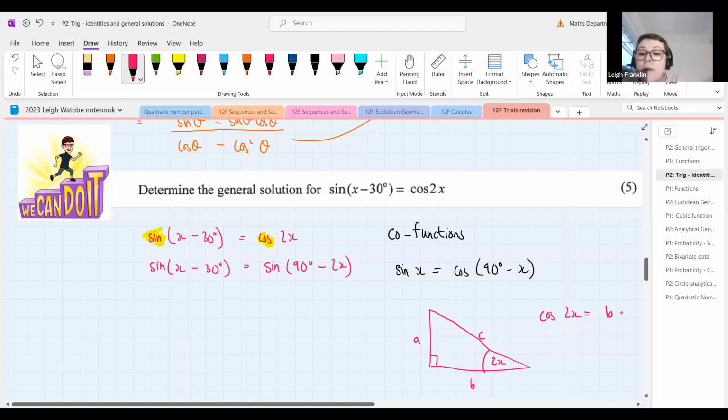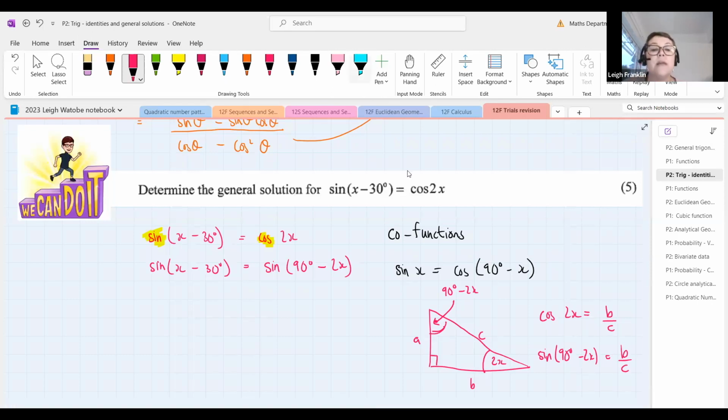So that would be the ratio B over C. Now, if I consider this other angle over here, that would be 90 minus 2x, wouldn't it? Because of the angles of a triangle. So if I talk about the sine of 90 minus 2x, I've changed my reference angle, and I'm now talking about that angle over here. The sine of that angle would be equal to opposite over hypotenuse. It would still be B over C.